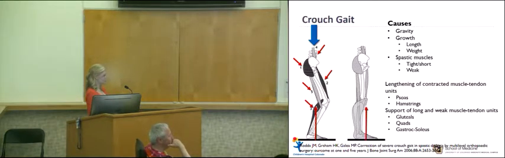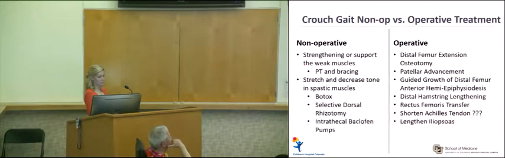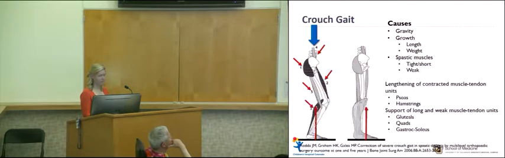If you lengthen the heel cord when they're cute, up on their toes when they're 5, when they get to be adults, they don't have enough power to then control their tibial advancement. So if you correct it, then you can get the ground reaction force in front of the knee joint, and it's much less work to hold your knee extended than if it's behind and gravity's pulling you down.